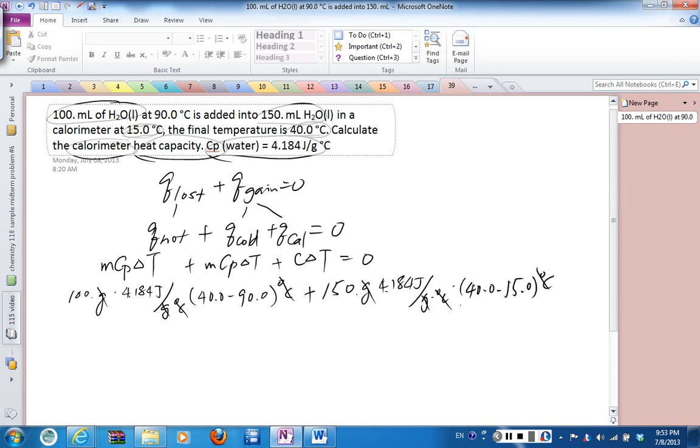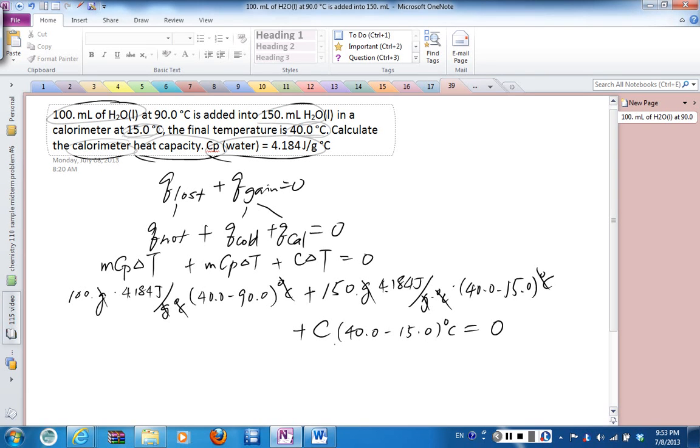Degrees Celsius cancel, joule unit. And then the last part, C of the calorimeter, is what we want. The calorimeter has the same delta T as the cold water: 40 degrees final temperature, 15 degrees initial temperature. And the total of that equals 0.